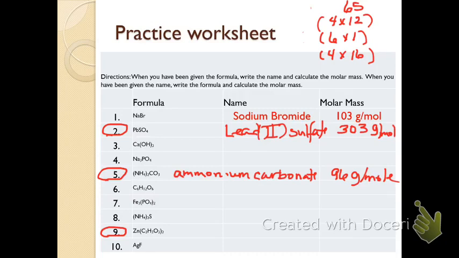Push the equal sign, and we get 183 grams per mole. But let's not forget the name of this. This is zinc, and zinc is a transition metal but only has one form, and I believe this is called acetate.